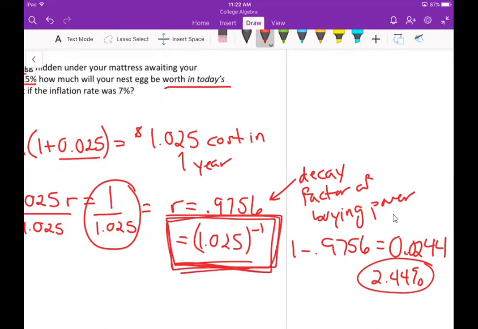Essentially, we're taking that growth rate in reverse. This was our growth factor. If we start taking that to the negative powers, that is almost like going back in time, and we can quickly get to that buying power equation, because we're looking right there at the buying power decay in terms of the cost growth, okay?